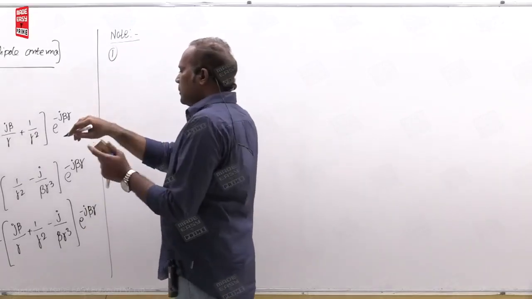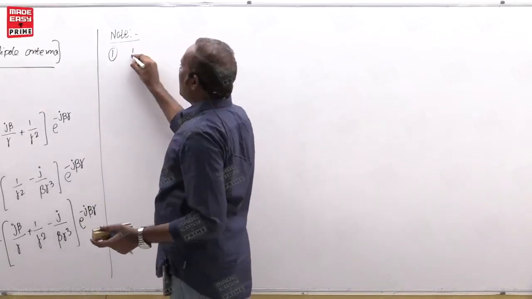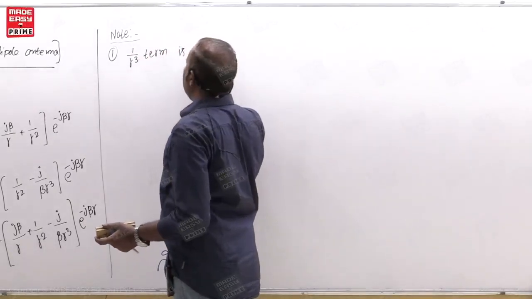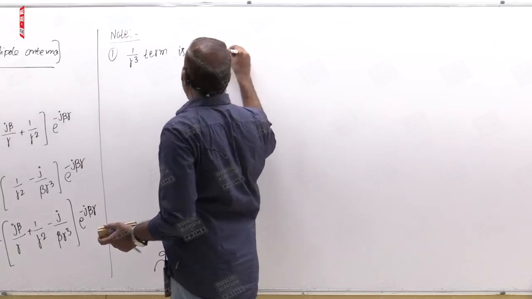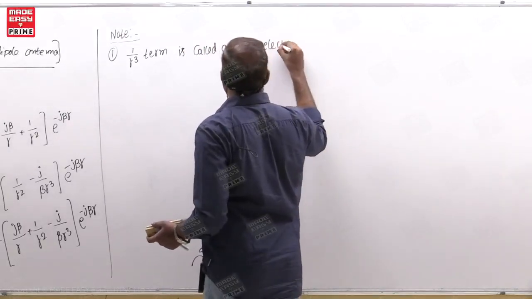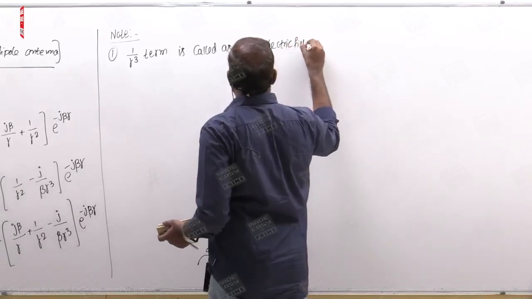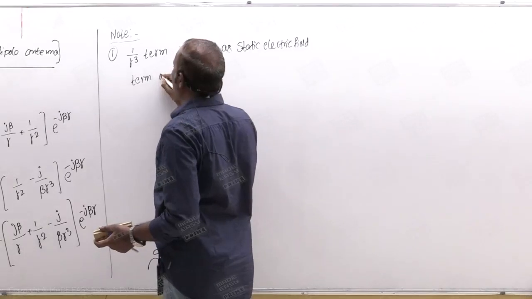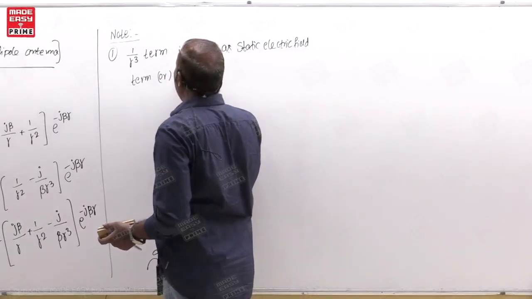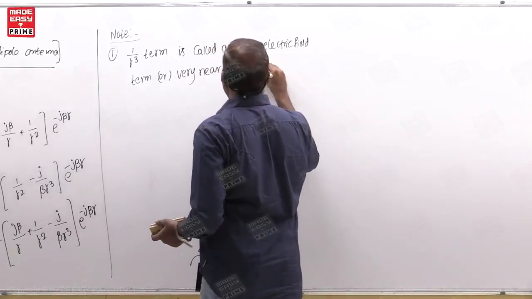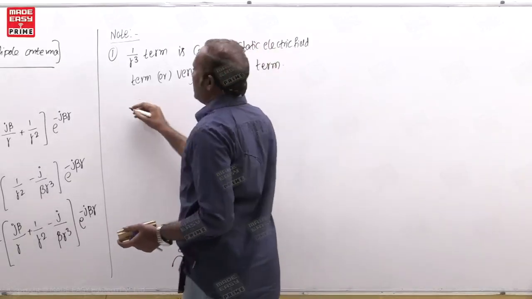So dear students, here the 1 by r cube term is called the static electric field term, or the very near field term.